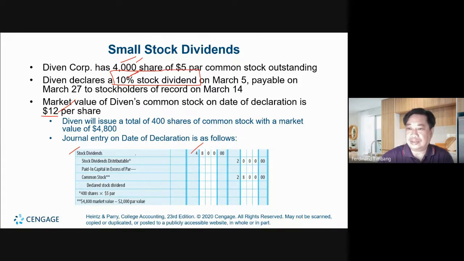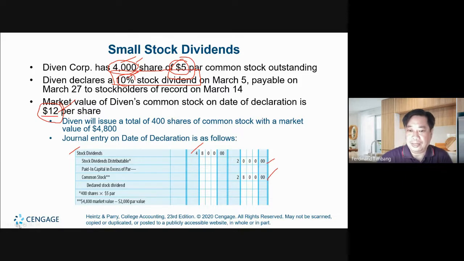And then for the stock dividends distributable, you have 10% times the 4,000 times the 5, so you have stock dividends distributable of 20,000. And then for the excess of 12 and 5, which is 7, multiplied by 400, that is 2,800.